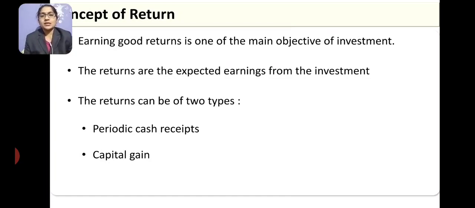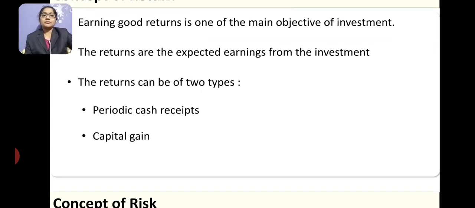Today when I see the share price is say 120 rupees, means there is a 20 rupees hike in the share price per share. That means there is a capital gain. So the return can be in the form of periodic cash receipts or in the form of capital gain. Totally this is the expected outcome or expected earnings that I can expect from the investment.